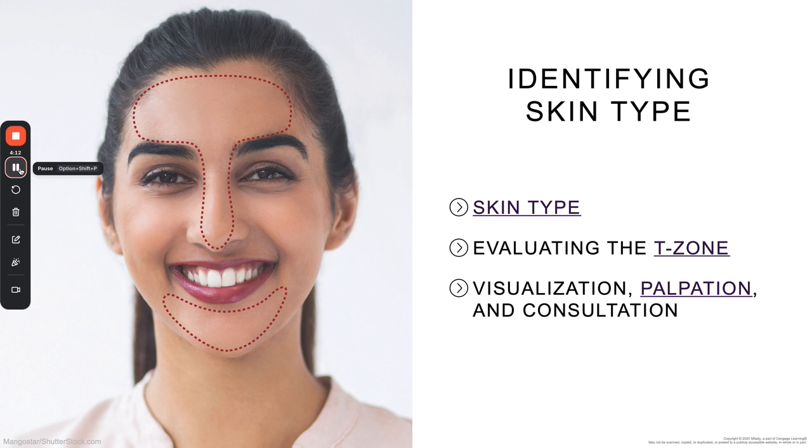In terms of visualization, that's our ability to look at the skin either with our eyes alone or under some sort of magnification, like a Woods lamp or a magnifier. The definition for palpation is analyzing the skin through touch, and we're doing that to determine the amount of oiliness and the amount of elasticity as well.